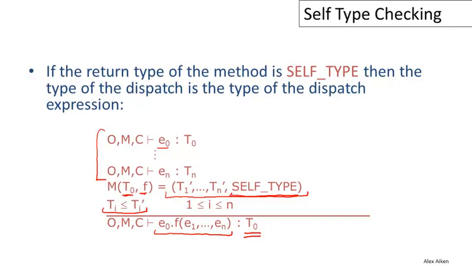Well, the return type is self-type, and so the result of this entire dispatch is going to be the type of whatever E0 was. E0 is the self parameter, and whatever type we got for E0, that is a sound static type for the result of the entire expression. So we simply use the type of E0 as the type of the entire dynamic dispatch.